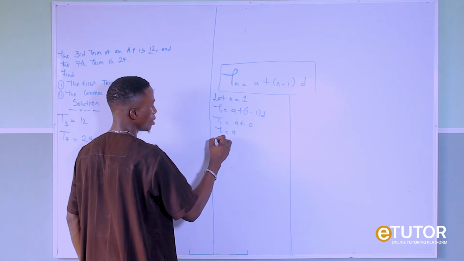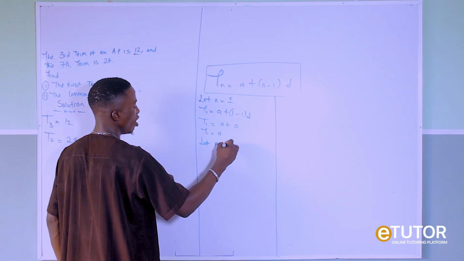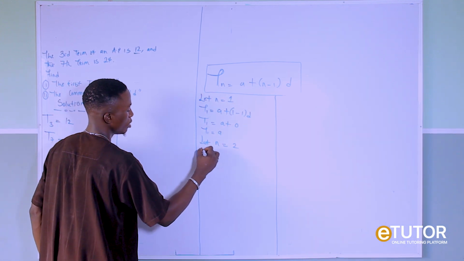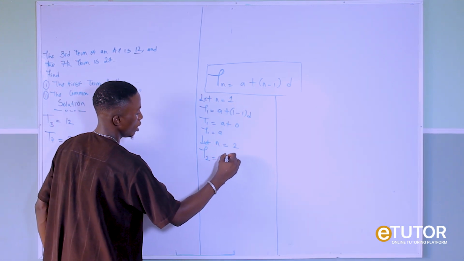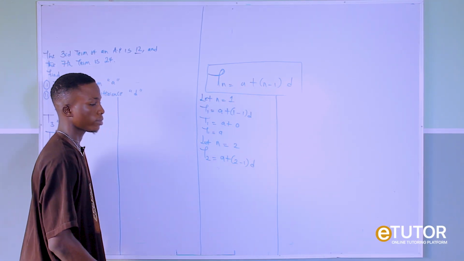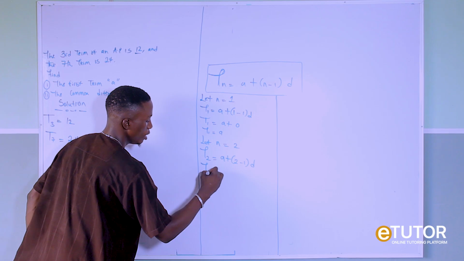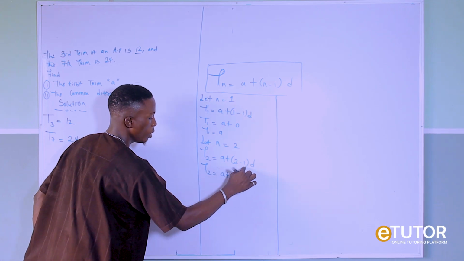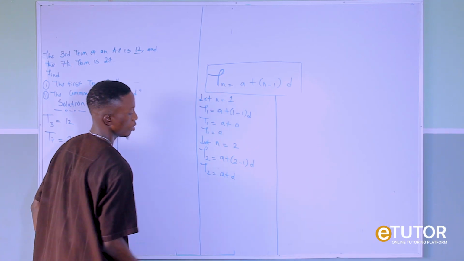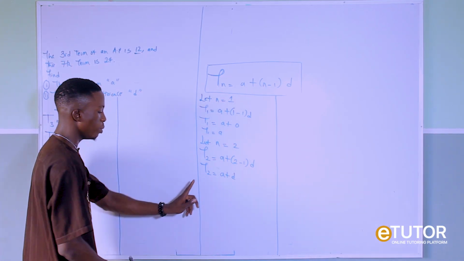Now let n be equal to 2. Replace n here with 2, so we are going to have T2 equals a plus (2 minus 1) times d. 2 minus 1 gives 1, and 1 times d is d. So this is the formula for T2.